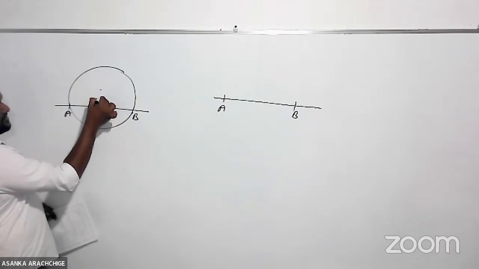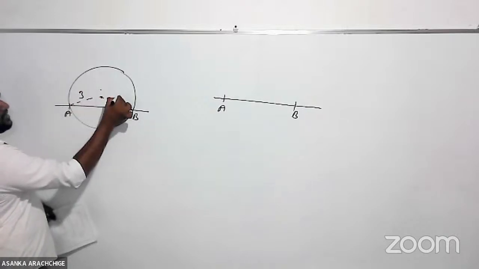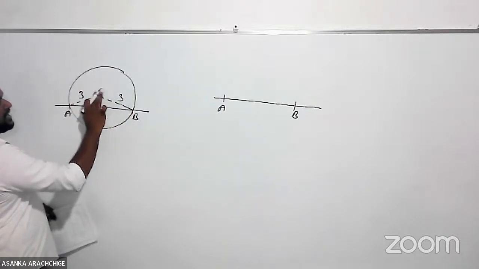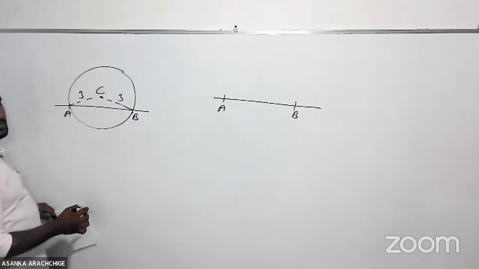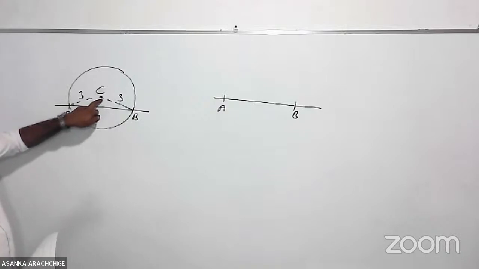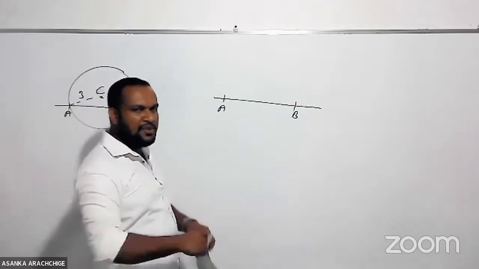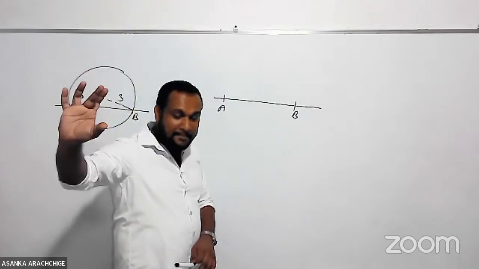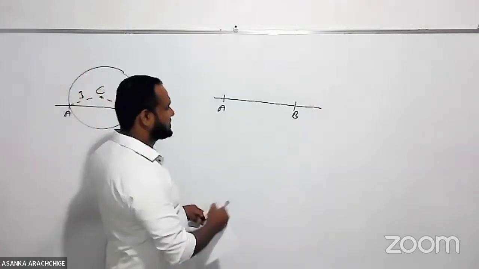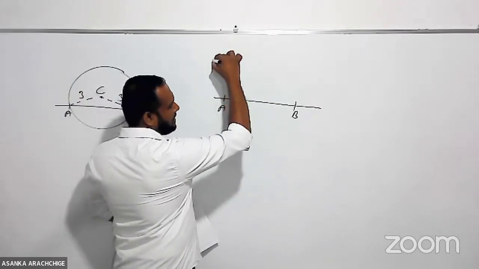This is the center C. The radius must be 3, and the center must be equidistant from A and B. Then we take 3 centimeters on the pair of compasses and draw an arc.